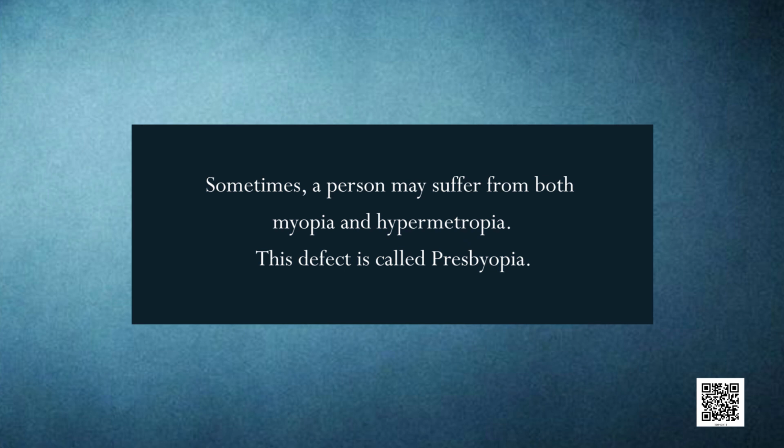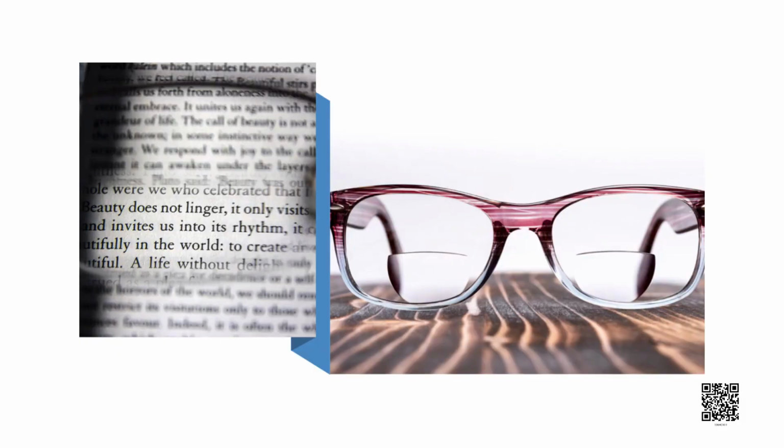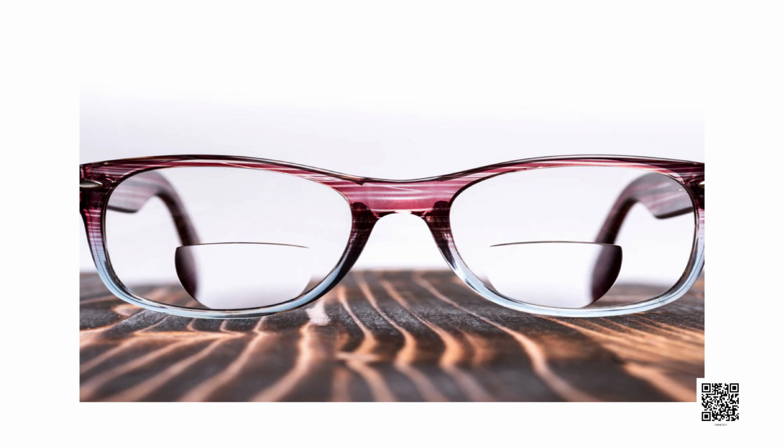This defect is called presbyopia. Such people often require bifocal lenses, which consist of both concave and convex lenses. So, the upper portion consists of a concave lens. It facilitates distant vision, and the lower part is the convex lens, which facilitates near vision.